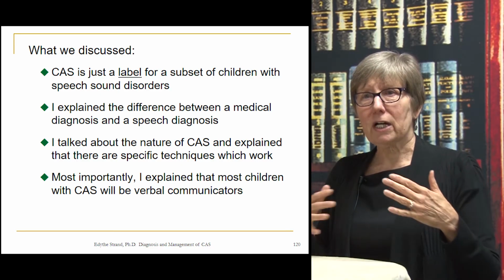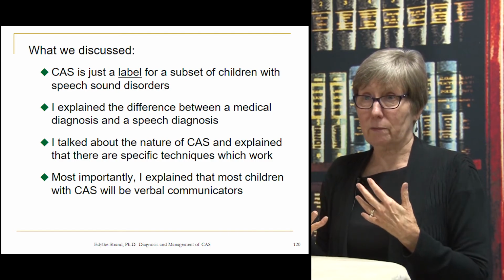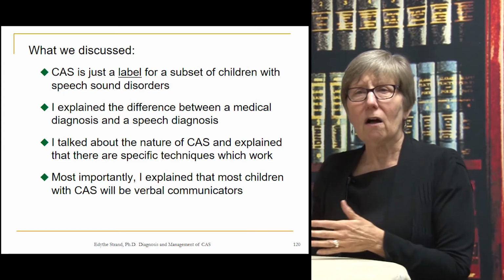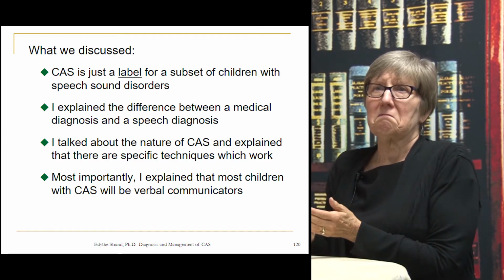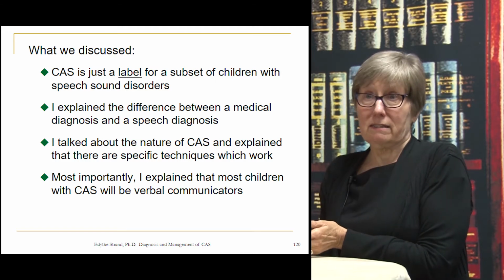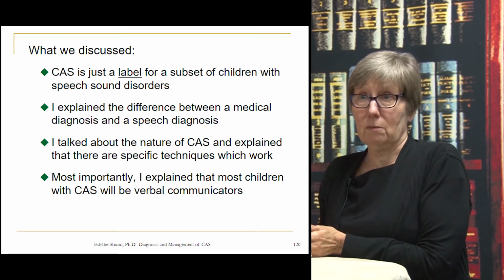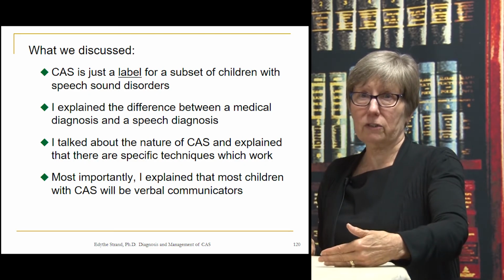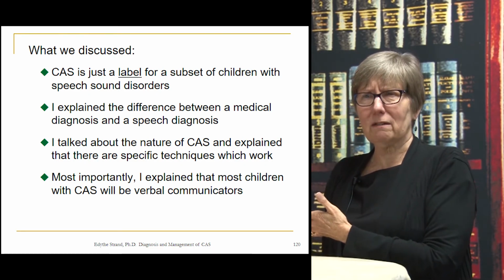Now, if I'm seeing a child who obviously has other neurologic impairment and they've never been to a neurologist, then I might say, although CAS is just a speech disorder, it can be a symptom of a neurologic problem. But usually we only worry about sending someone to a pediatric neurologist if there are other problems we see also.